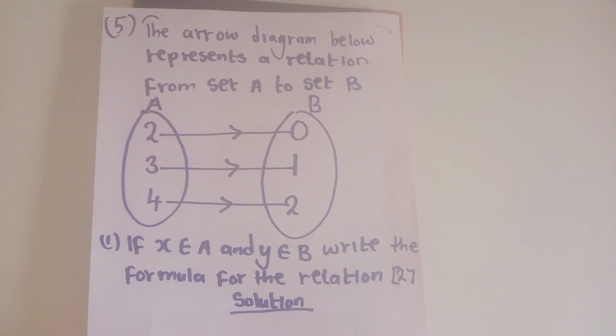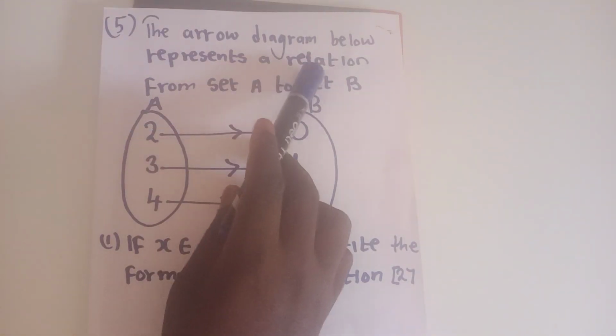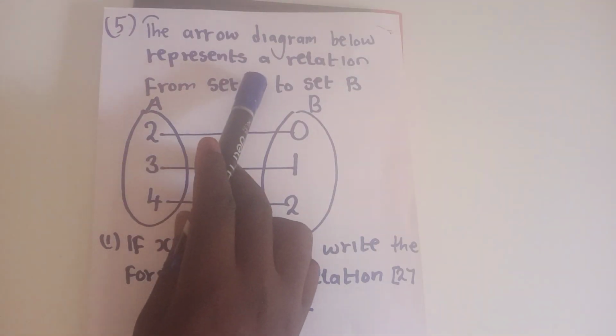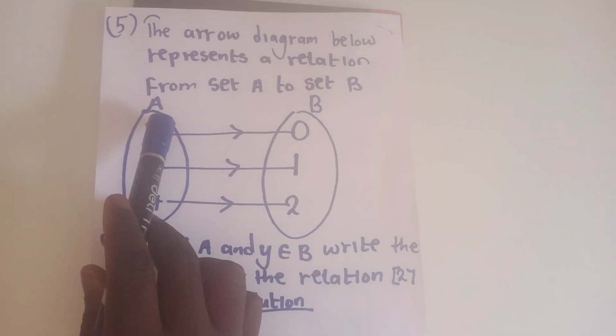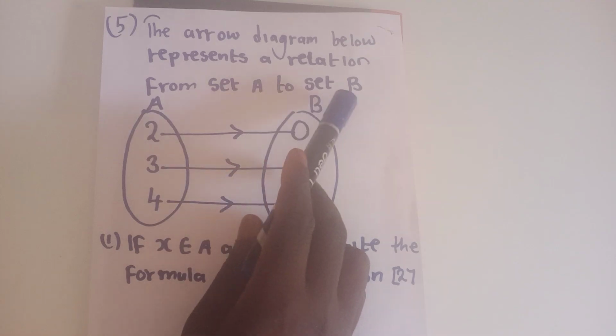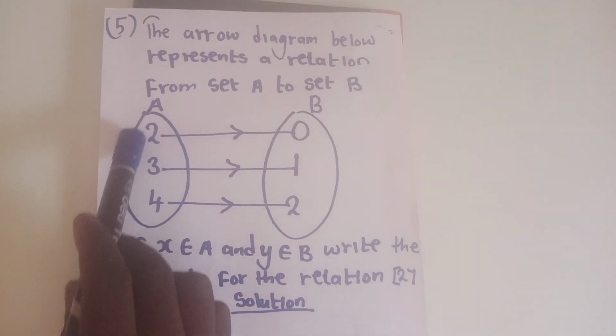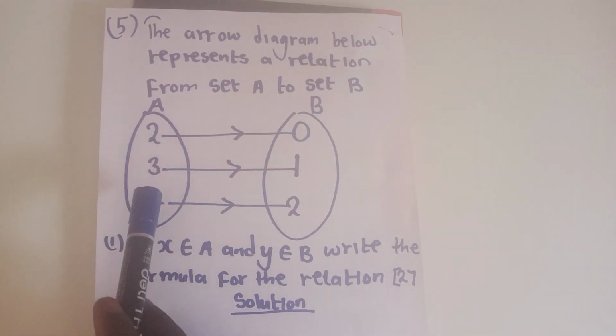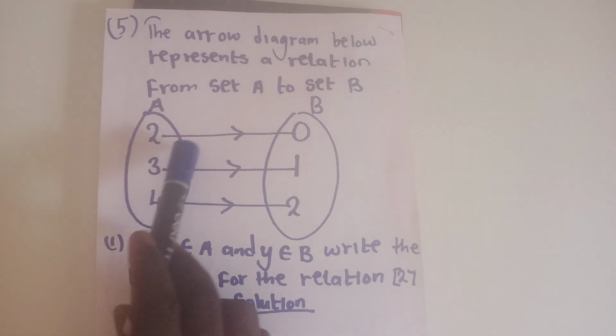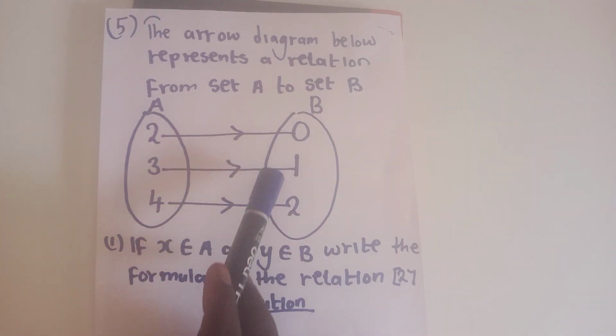The question says, the arrow diagram below represents a relation from set A to set B. And you have been given this: A is 2, 3, 4, B is 0, 1, 2.